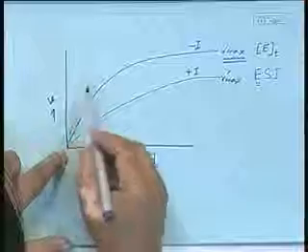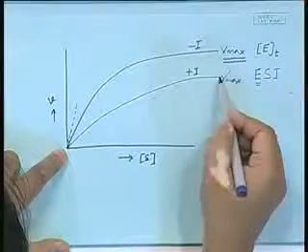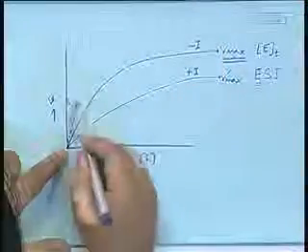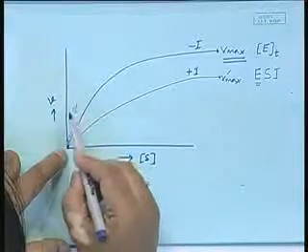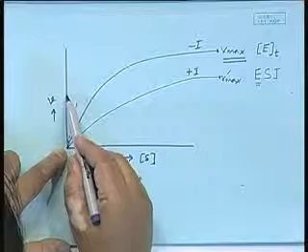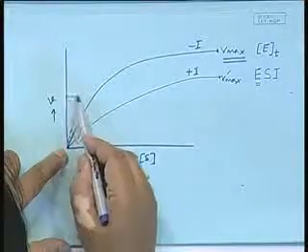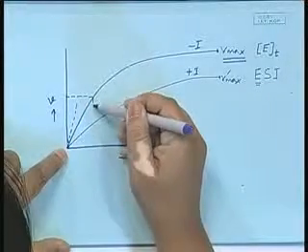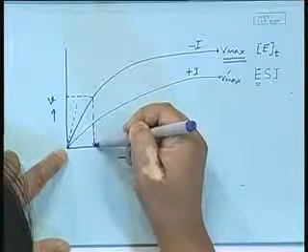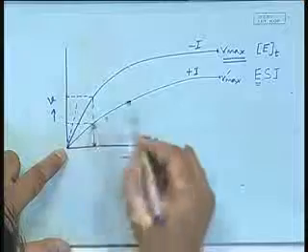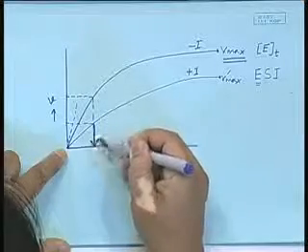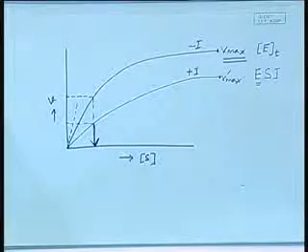So, now what happens? This Vmax and this Vmax. So, half of this Vmax is going to be where? Somewhere here. Half of this Vmax is going to be somewhere here, right?